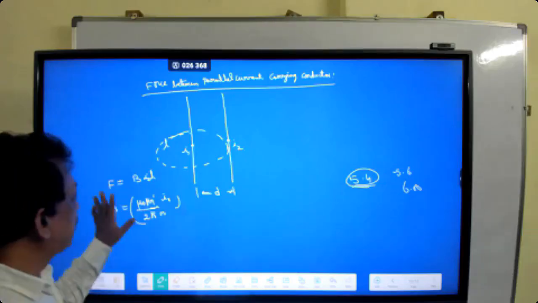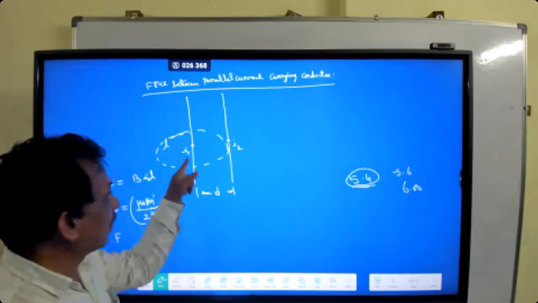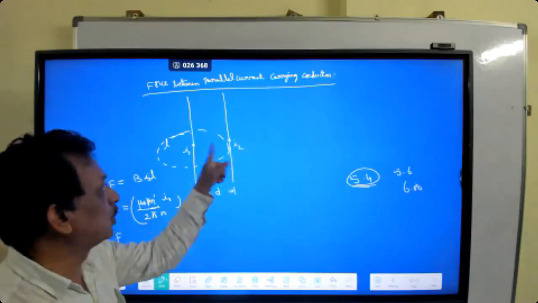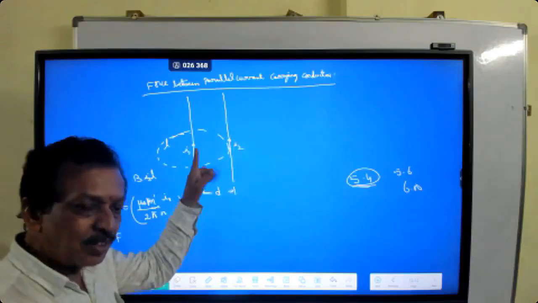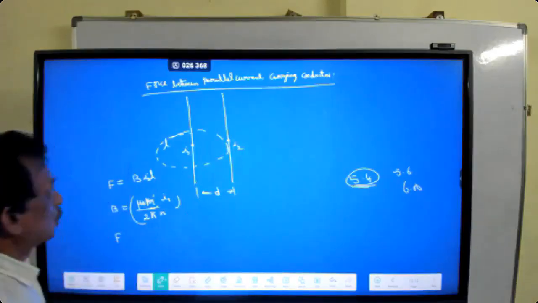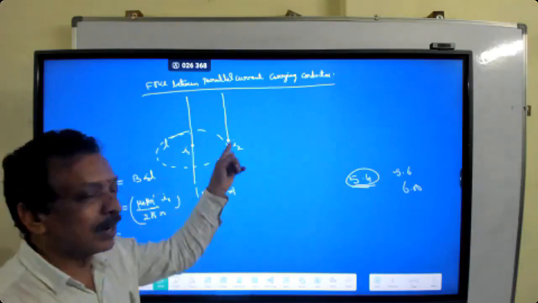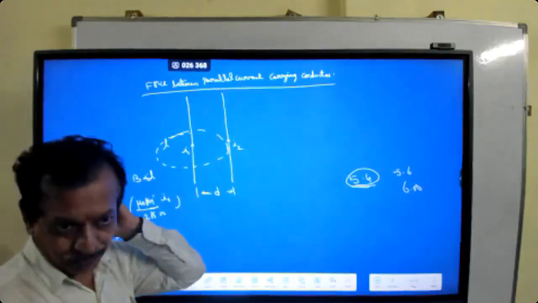Due to the current I1, B is being induced on I2. Similarly, I2 also induces B here, but I am taking only one, vice versa. So the current I1 influences the induction field on the other current carrying conductor I2.